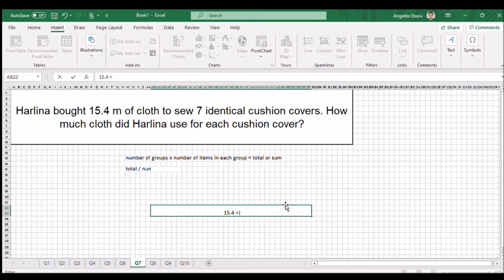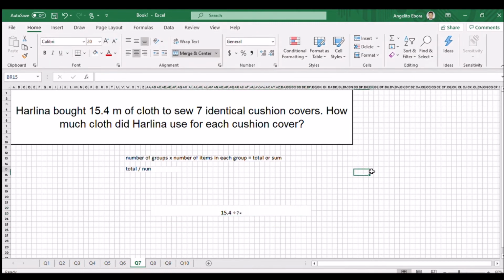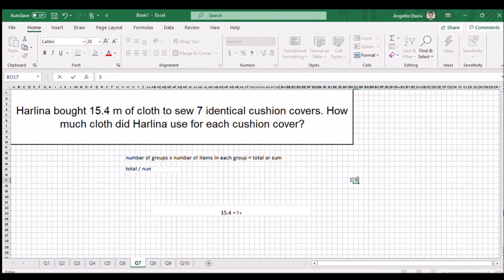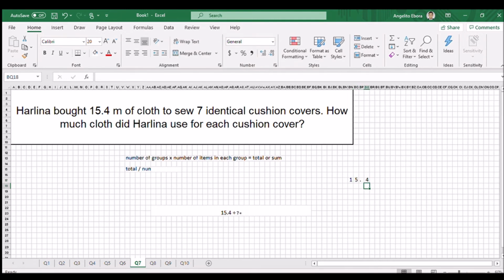Divided by 7 is equal to blank. We don't know yet. So let's do the long division. 15.4 divided by 7. The first number is always the one inside.